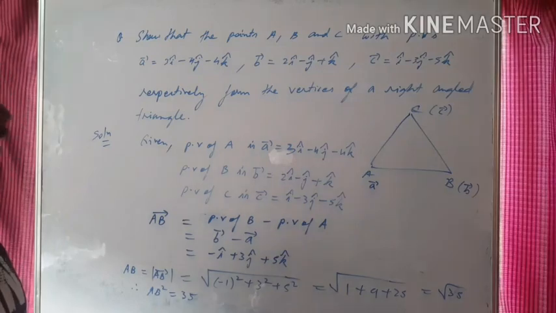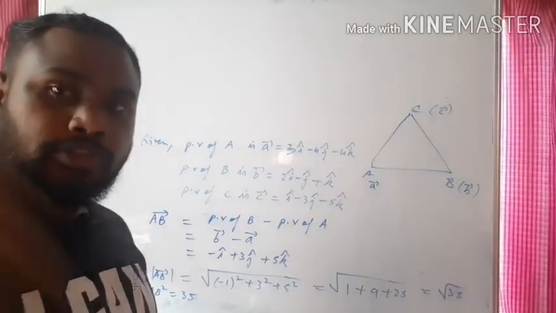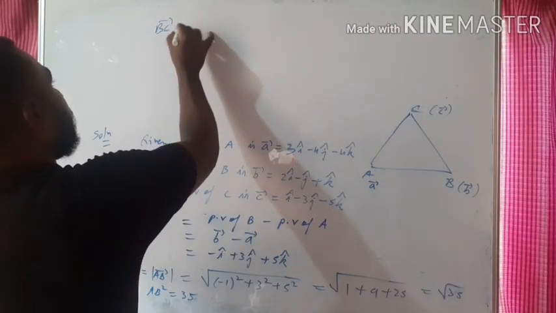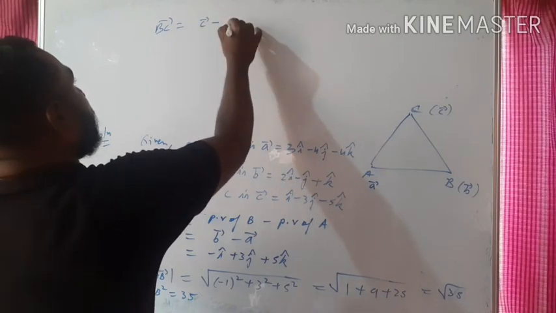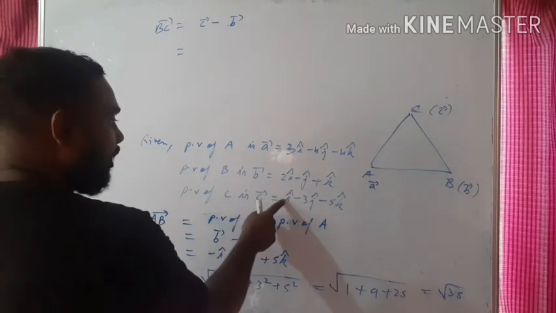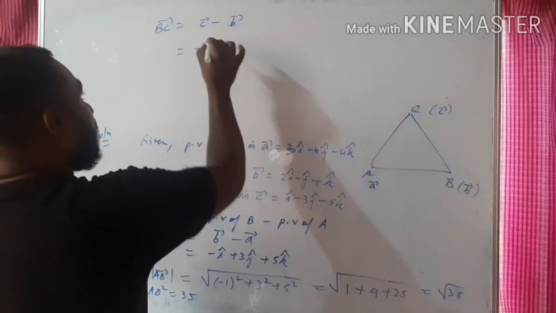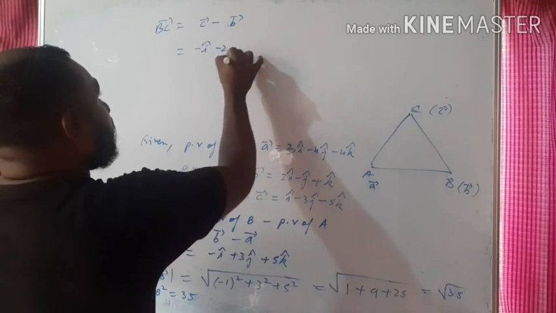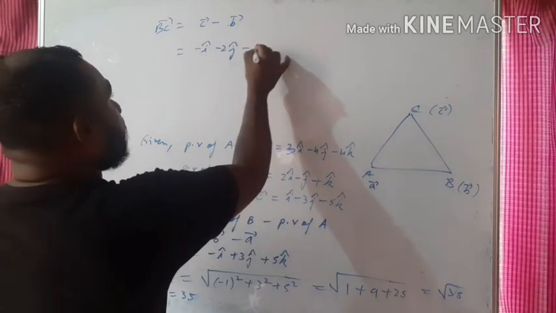Similarly, we will have to find BC and AC also. So let's see vector BC. Vector BC will be position vector of C minus position vector of B. So C minus B: 1 minus 2 will be minus 1 i, minus 3 plus 1 will be minus 2j, and minus 5 minus 1 will be minus 6k.